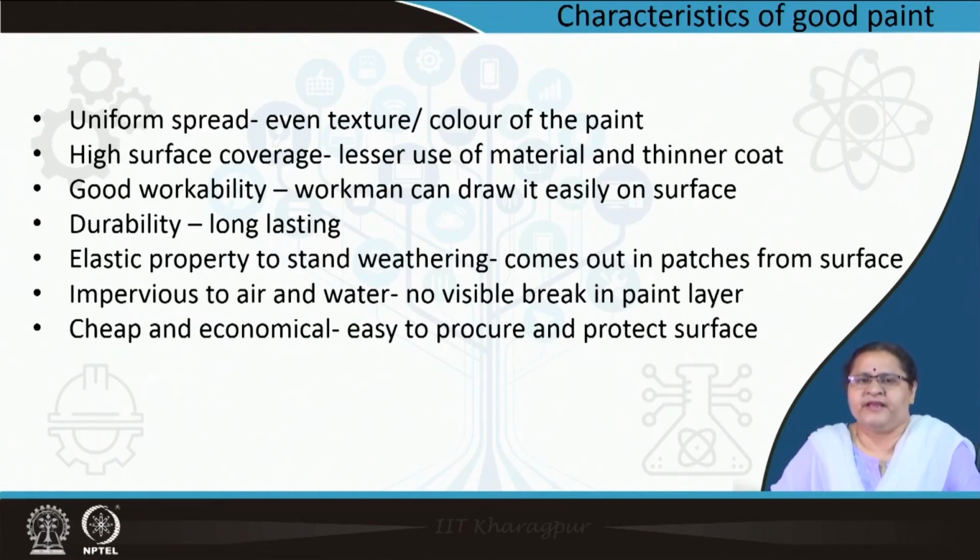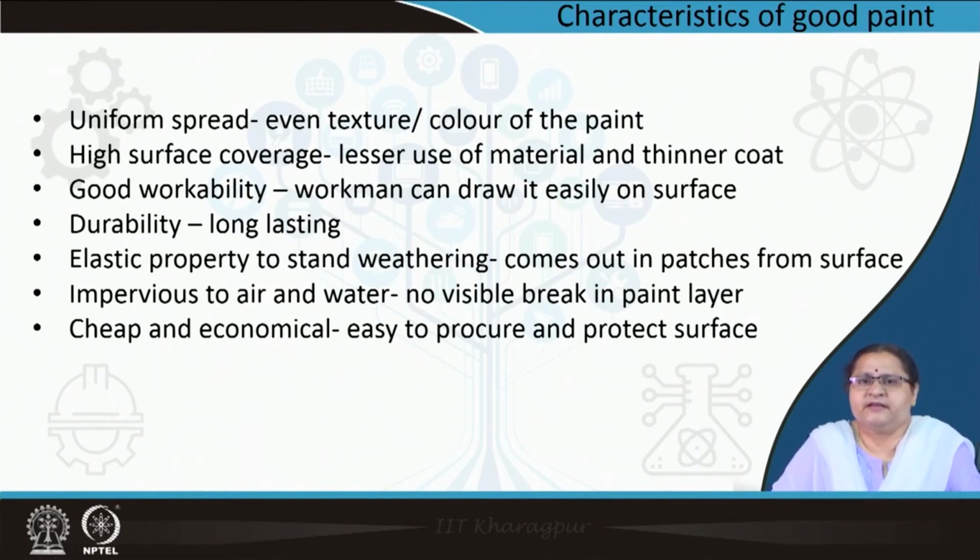Further, paint should be cheap and economical, easy to procure, and protect the surface for a longer duration of time, because it is not a very easy job to keep on painting a building now and then. Particularly for buildings which are public in nature, there is a program, say every 5 years, 10 years, you repaint it.